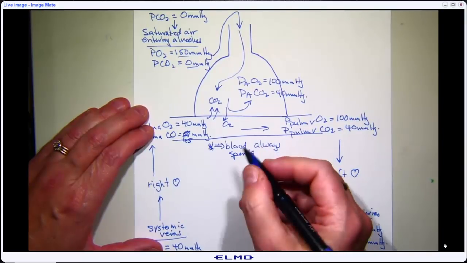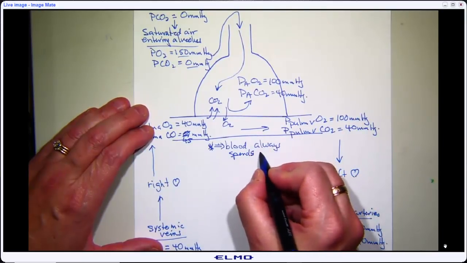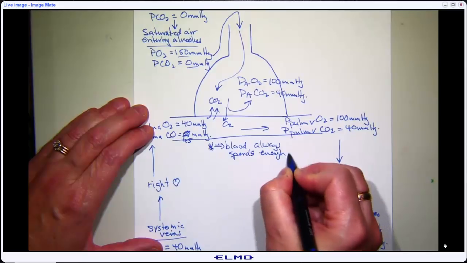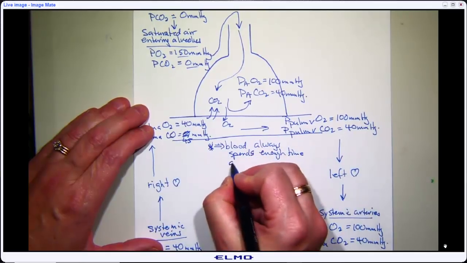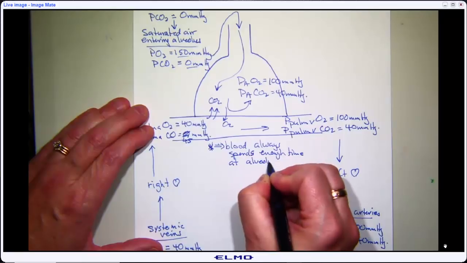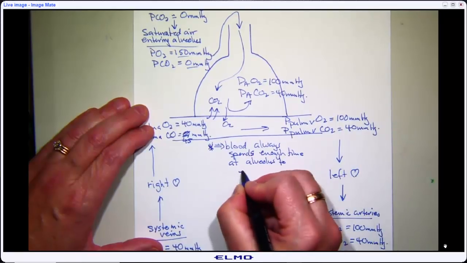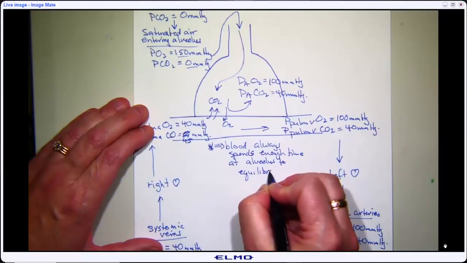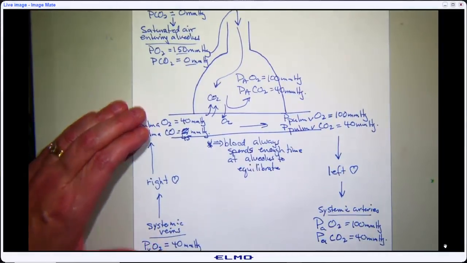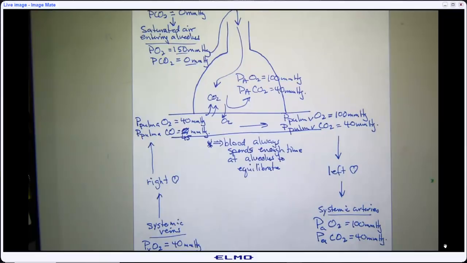Really critical: blood always spends enough time to equilibrate. Why is this so critical? Well, what this tells us is that the equilibration time arguments that we messed with at the kidney, change flow, change equilibration time, they do not apply here.